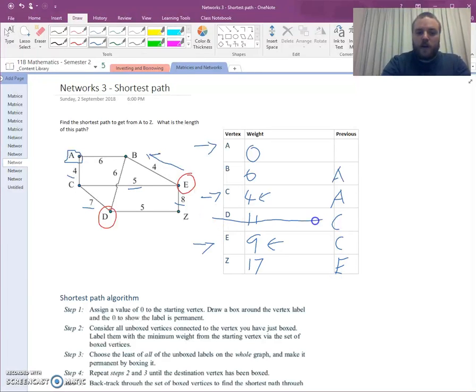Okay, so then we can disregard all the vertices we didn't actually go to, just ignore them. And we record backwards what our path was.